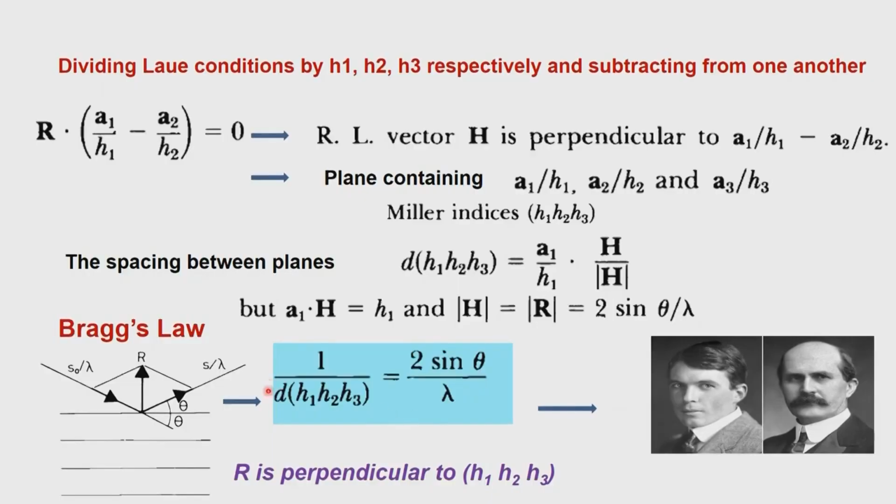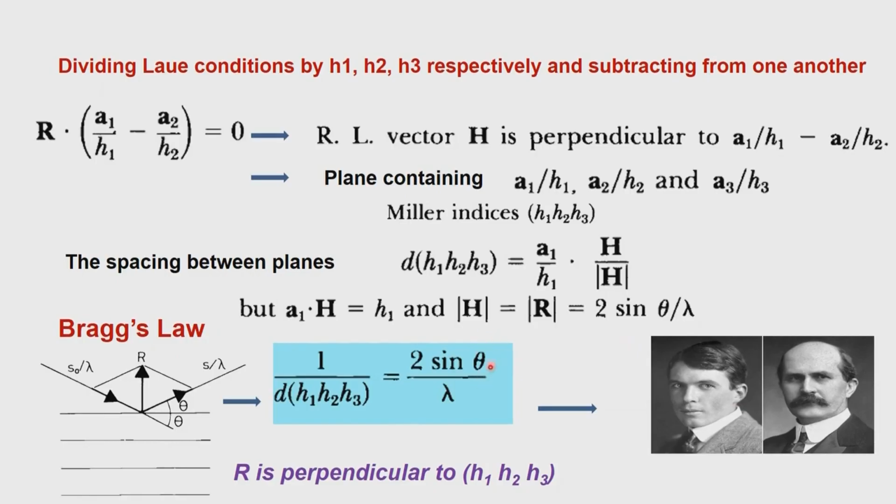But why did it get a Nobel Prize? It got a Nobel Prize because of its simplicity, number one, and secondly because hereafter we can get to the distances associated with the planes directly by measuring the scattering angle and the wavelength.